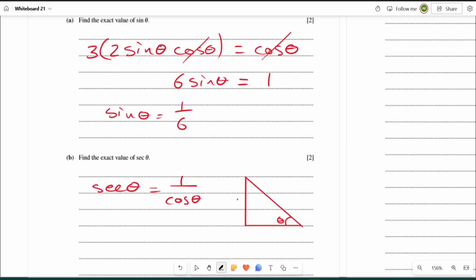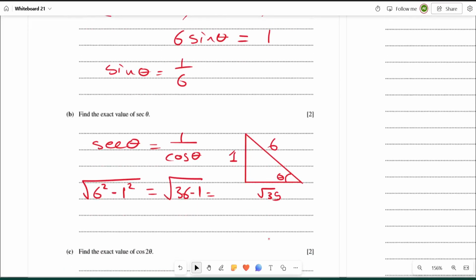That tells me that if the opposite is 1, then the hypotenuse must be 6, because their ratio is 1 over 6. So using Pythagoras, I can get the third side. It's going to be the square root of the hypotenuse squared minus the side squared. So the square root of 36 minus 1, which is root 35.